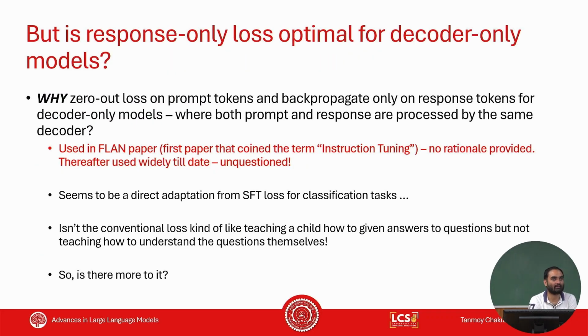But we realized, we meaning our lab, that this objective may not be entirely correct, because if you completely ignore the instruction and do not compute loss on top of the instructions, the model may not understand the instruction properly. We also understood that loss at the response token level would be more important than the loss at the instruction level, but both losses should be considered together.